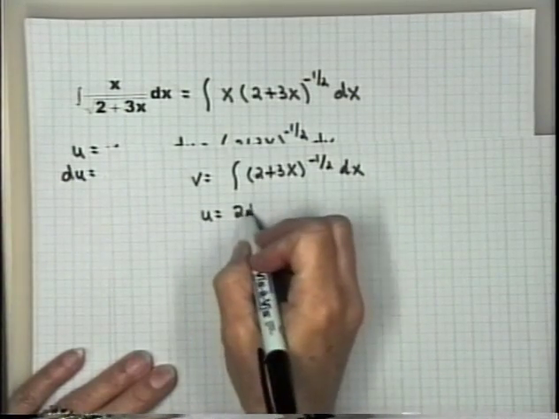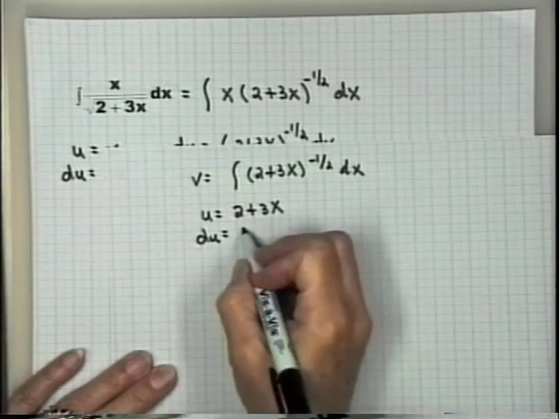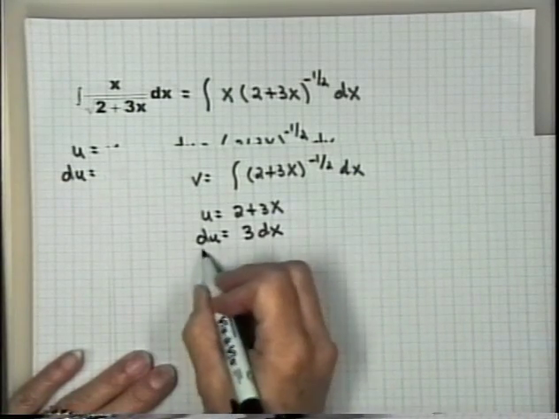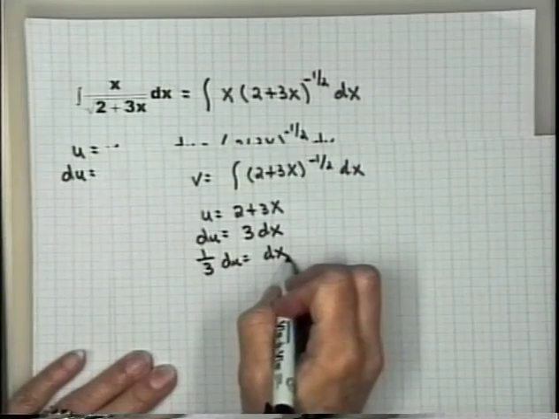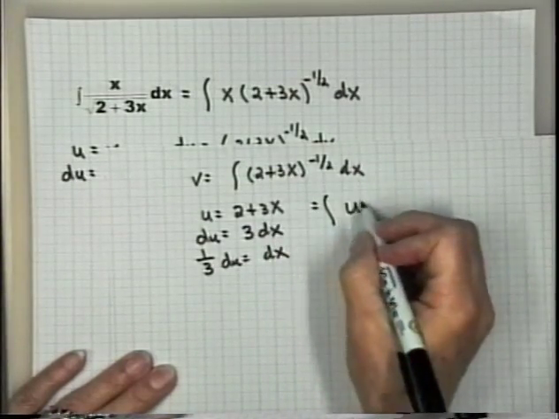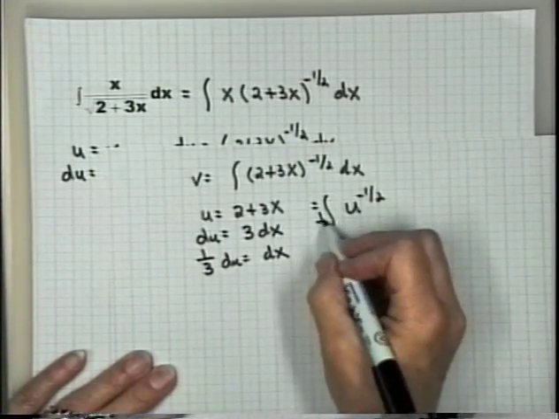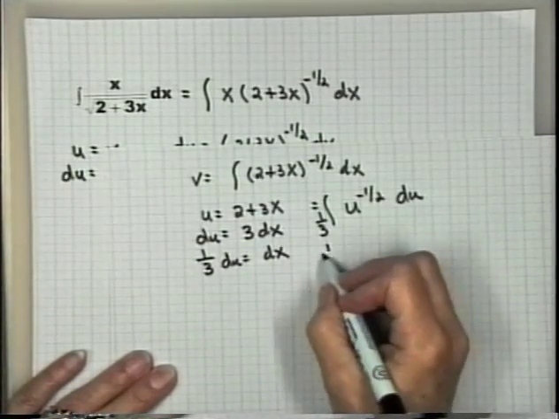If you let u equal 2 plus 3x, then du is 3 times dx, and you can solve for dx. 1/3 du is equal to dx. Making the substitution, you have u to the negative 1/2, and dx is 1/3 du. I'm going to put the 1/3 in front, and you have du, and you're ready to find the antiderivative.